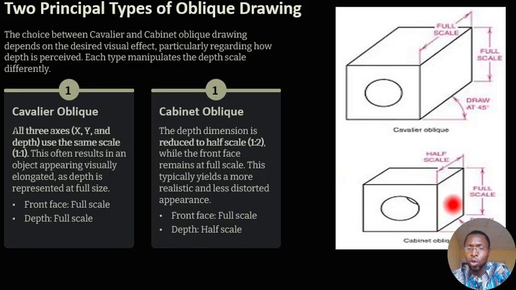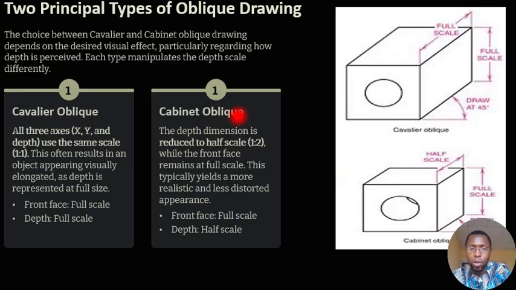So it has full scale of height, full scale of length, but the depth is half of the original dimension. So that's the difference between the cavalier oblique and the cabinet oblique.